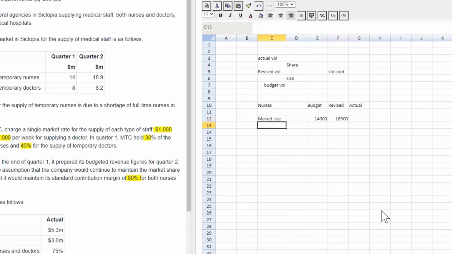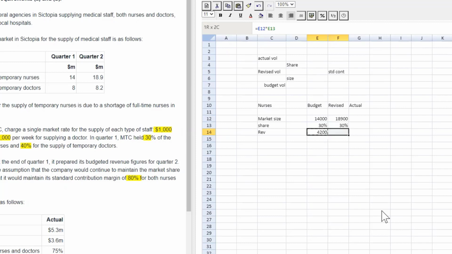Then we're going to take our share of it. And our share for nurses, if you check, was 30%. And so it would still be 30% on the revised one. So therefore, our revenue based on that is going to be 14,000 using the information times that.